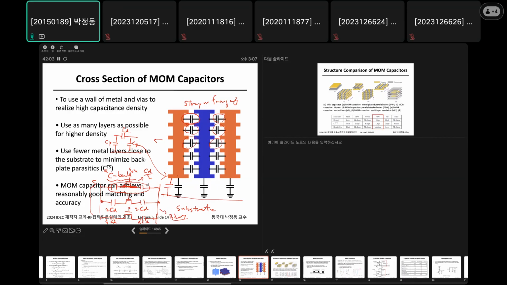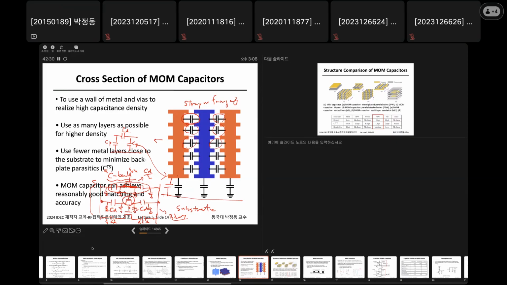Unfortunately, once you have this CP over here, CP over here, the controllability is compromised, okay? Because of this CP, whether you turn it on or off, there still exists a capacitor.